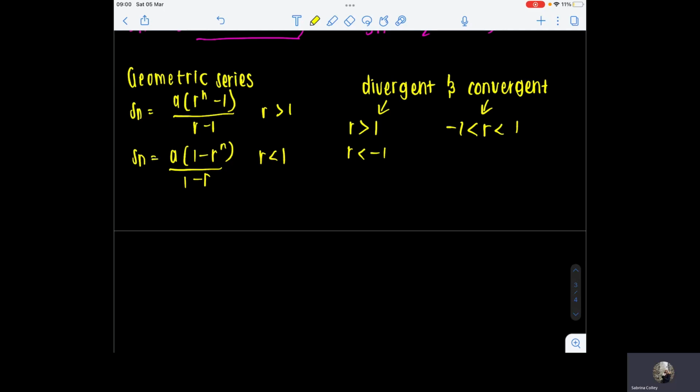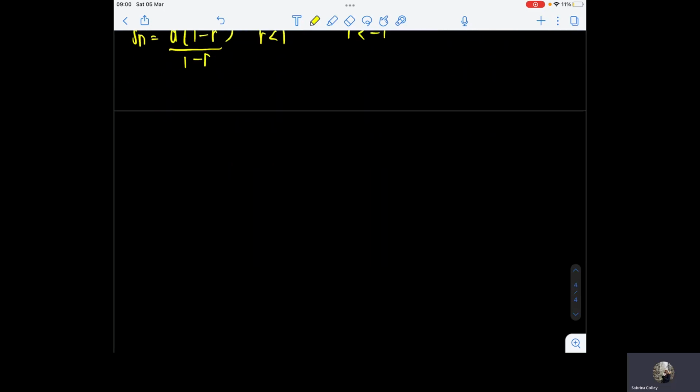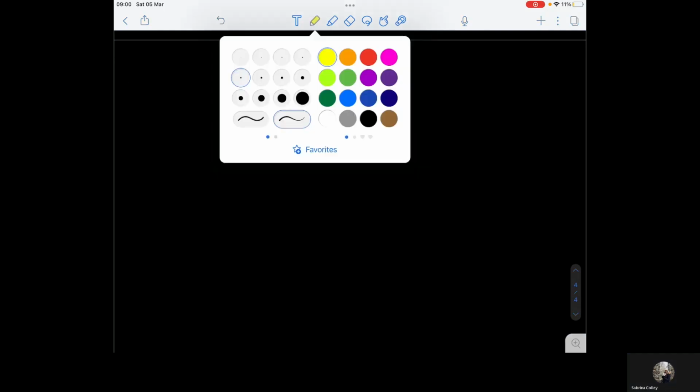So let me quickly go through a bit of examples with determining the sum of. So let's have a look. Evaluate the sum of each of the following.